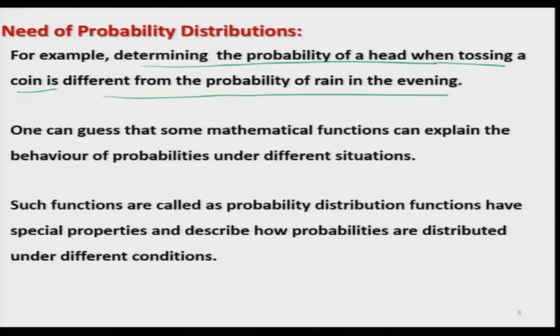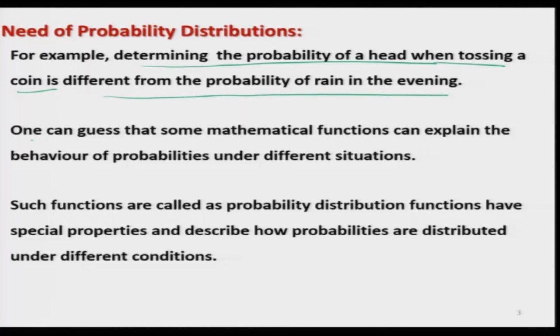So, don't you think that it will be nice if you have got two mathematical functions which are describing you how to compute these probabilities, and without doing any type of thought process, you can simply use those functions to compute different types of probabilities, either for tossing a coin or for probability of rain in the evening.